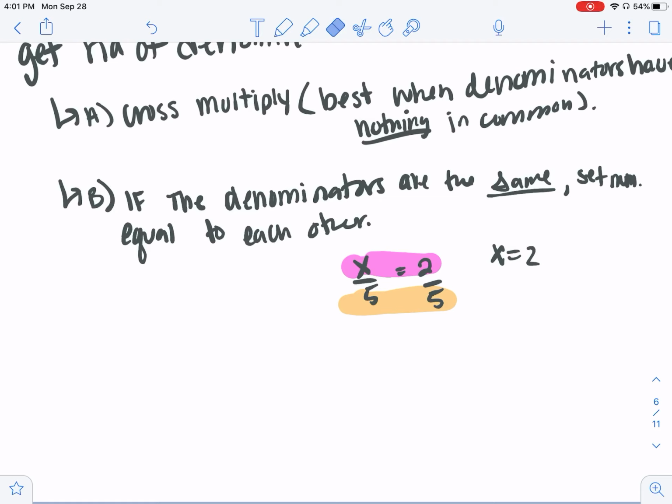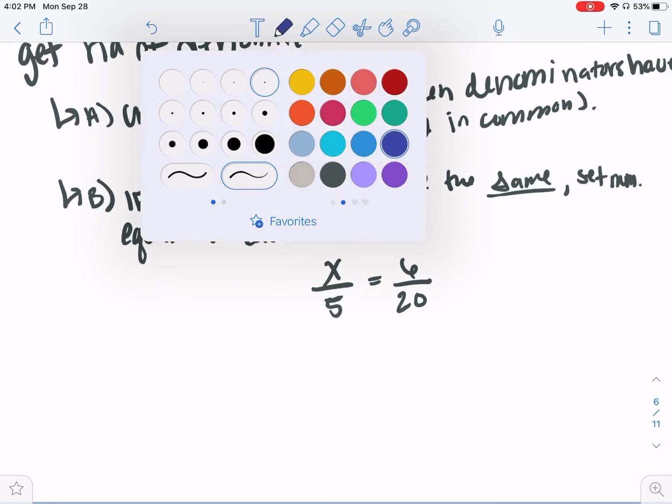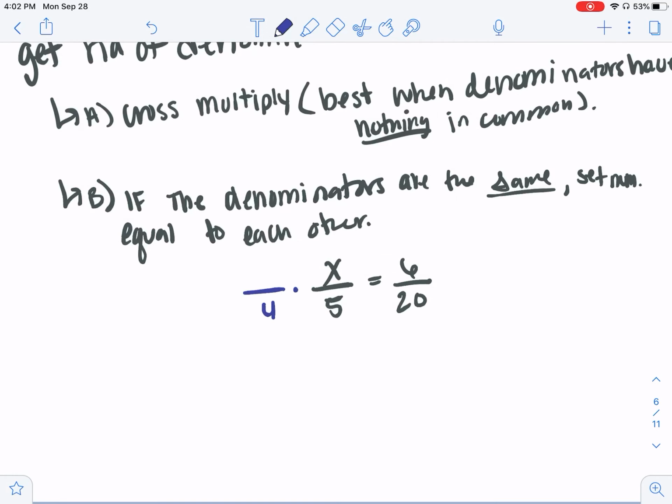Now, sometimes it looks slightly more complex than that. Say that I had x over 5 equals 6 over 20. Well, 5 and 20 are actually pretty similar. In order to make 5 into 20, it needs a 4. So I can multiply this side by 4 over 4.